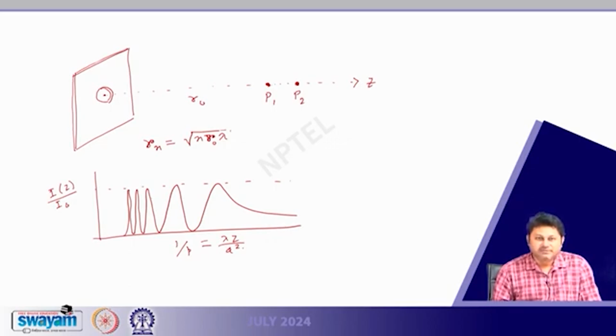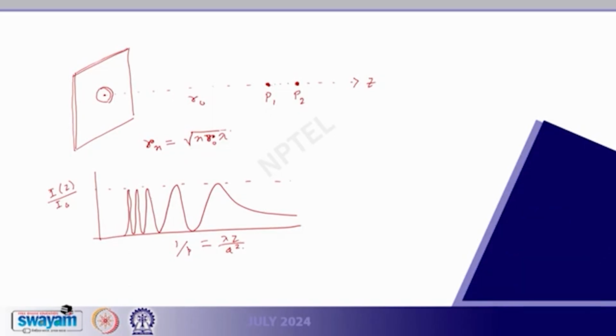So, if there are odd and even zones together, then we find that the intensity goes to a minimum, and we calculated that qualitatively. In today's class, what we find is exactly the concept we have for zones, a similar kind of thing one can calculate by doing the integral.